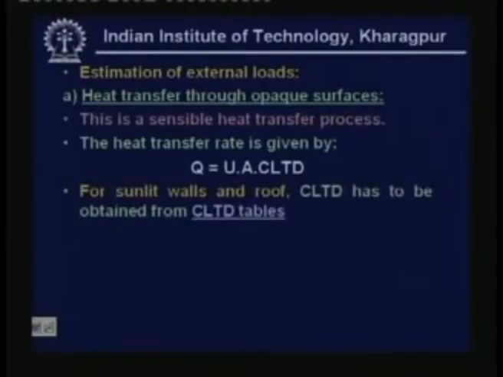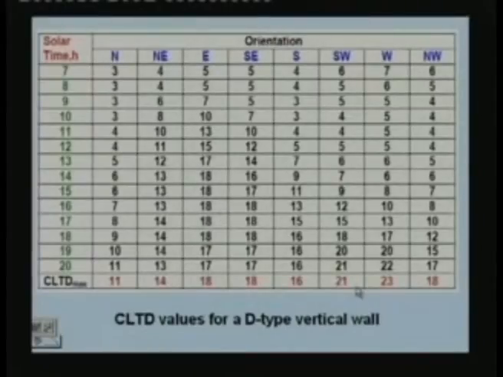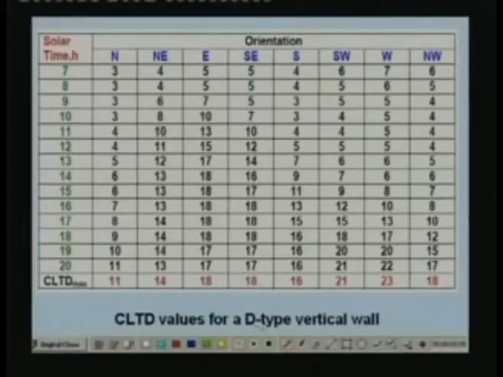And for sunlit walls and roof, CLTD has to be obtained from CLTD tables. This we have discussed in the last lecture, how to estimate the cooling load temperature differences using the tables. Let me show a typical table here. For example, this particular table shows the CLTD values in degrees centigrade or degrees Kelvin for a D type vertical wall. I have defined what is a D type vertical wall in the last lecture.